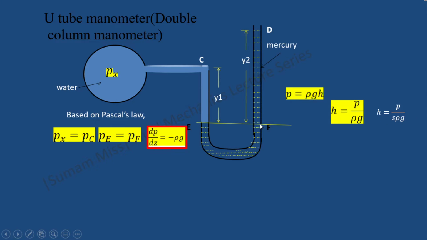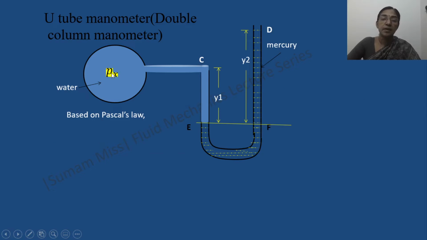Now we can write the expression for pressure at F by considering the other limb. Pressure here and pressure here are equal. Similarly, pressure here and pressure here are equal. That means Px equal to Pc and Pe equal to Pf.